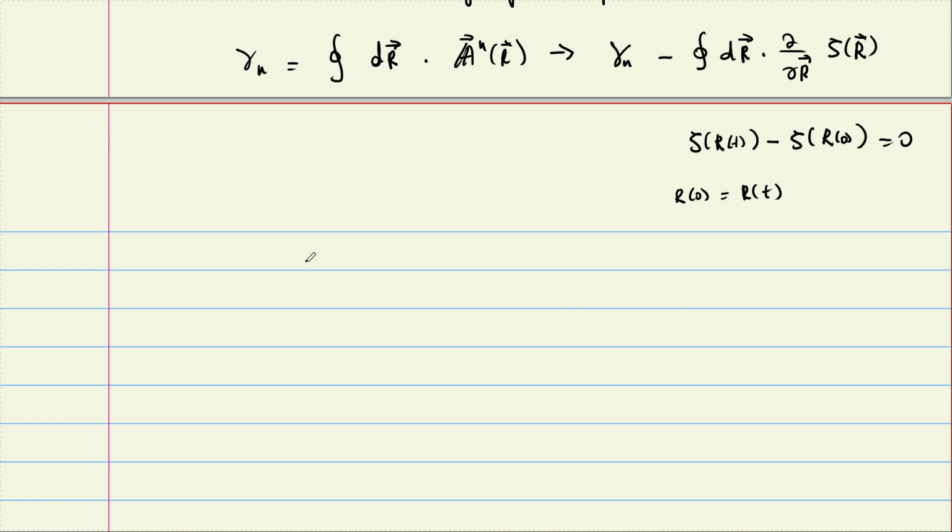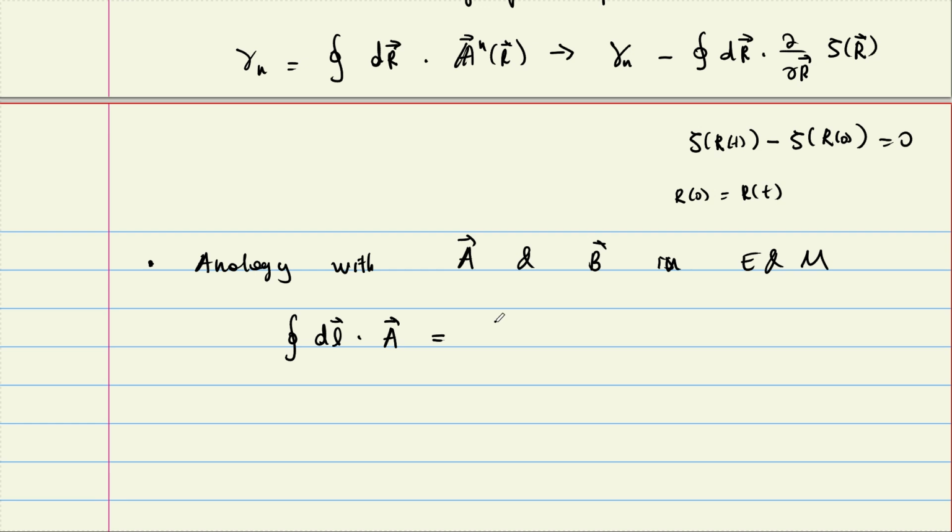So you can already see an analogy with the vector potential A and the magnetic field in electrodynamics, electricity and magnetism. There we have the closed loop integral of dl dot A. Using Stokes' theorem, you can write it as the integral of d sigma dot B, right? Standard, everybody knows that, and it is the flux.